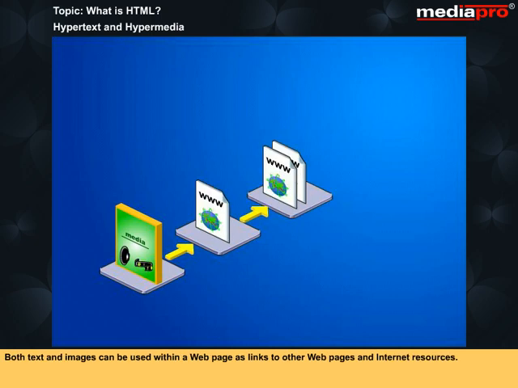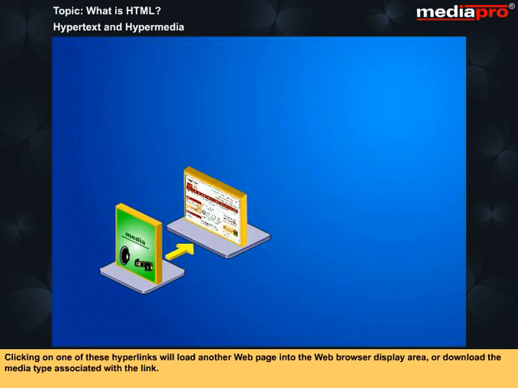Both text and images can be used within a web page as links to other web pages and internet resources. Clicking on one of these hyperlinks will load another web page into the web browser display area, or download the media type associated with the link.